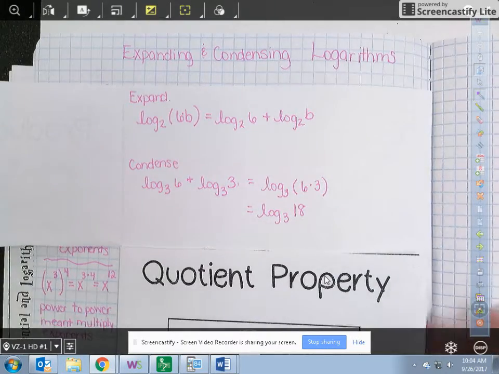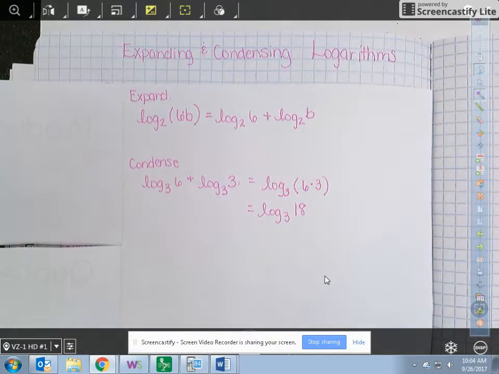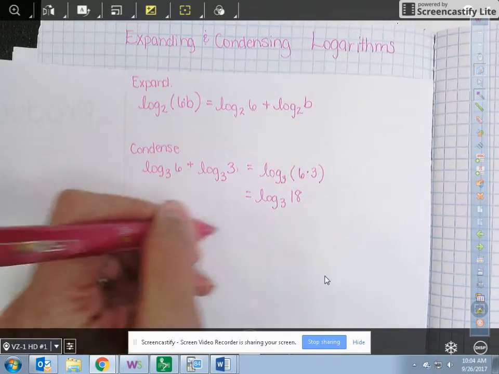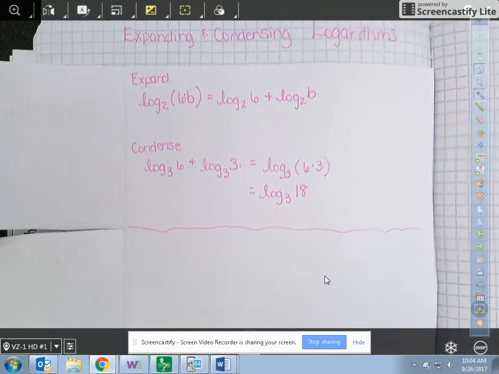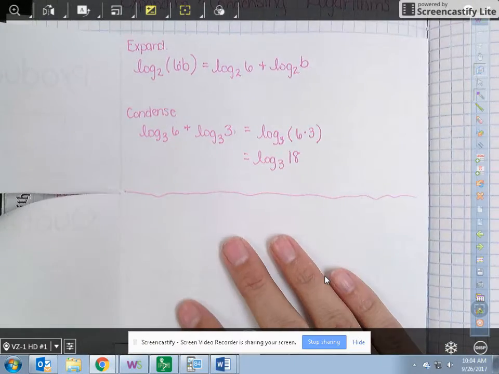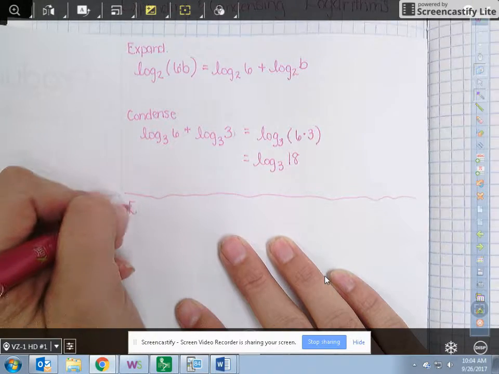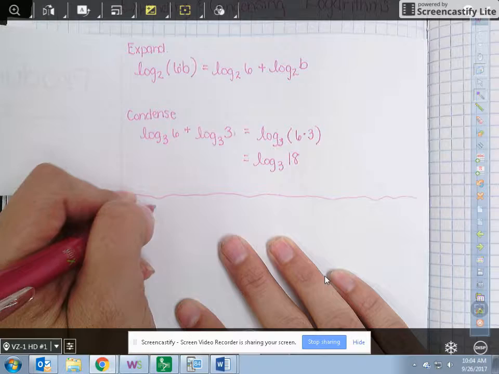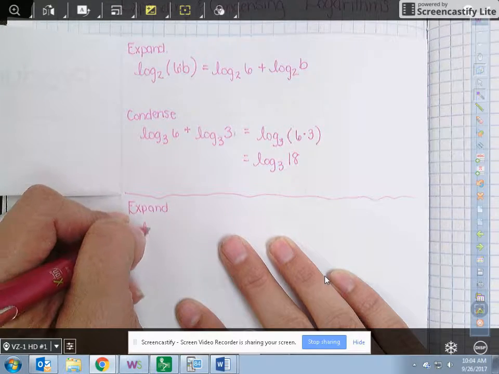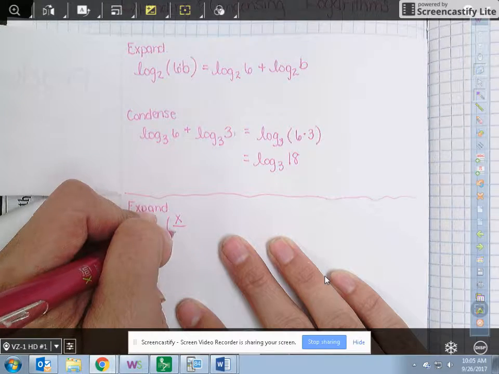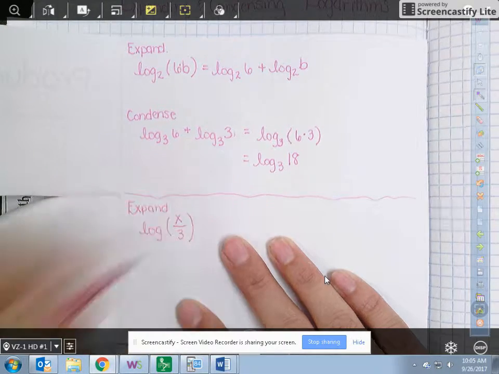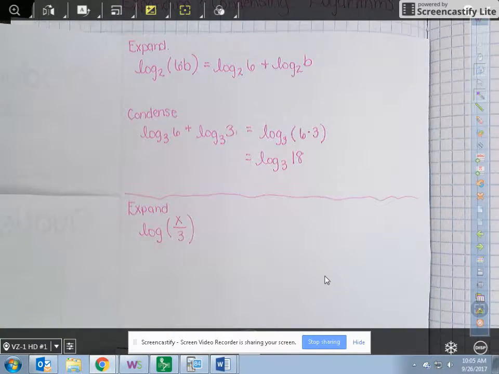Okay. Moving on to quotient property. So if you want to draw yourself a little line to have them broken up on the inside, you may. So if I am expanding, I am trying to write log more than once.